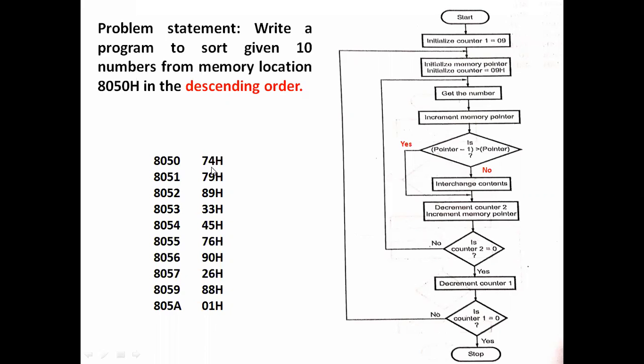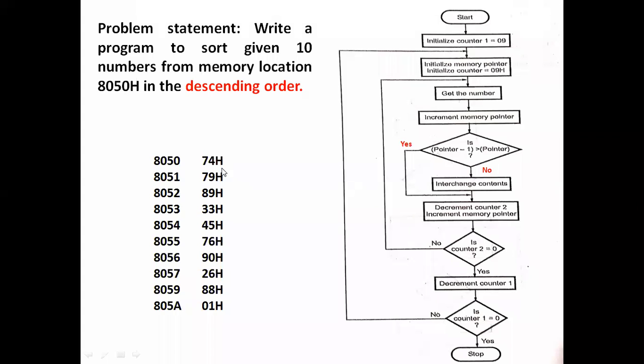Now, if we take the example of 74 and 79, when these two numbers are compared, you will find that 79 is greater than 74. It means if these are the two numbers and it is asked to put them in descending order, 79 should come first and 74 should come down. But if it is ascending order, then 74 is okay in its place and 79 is okay in its place.